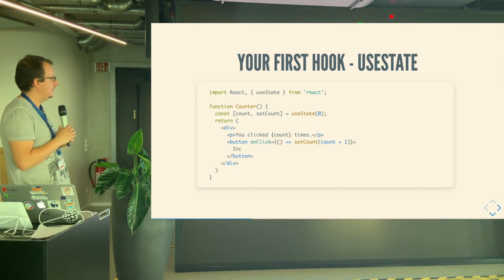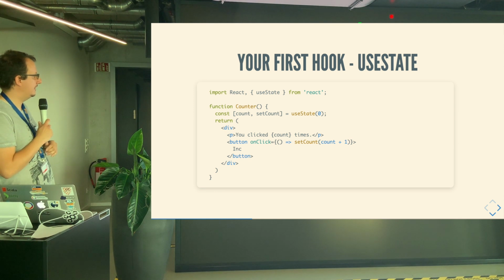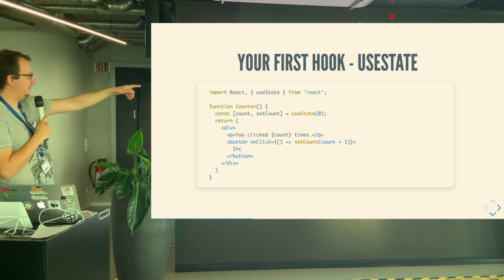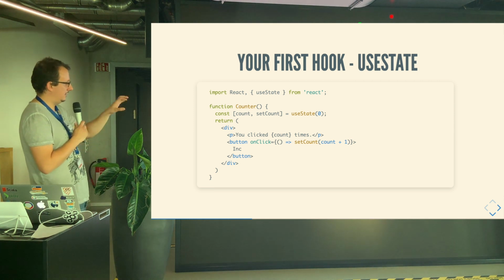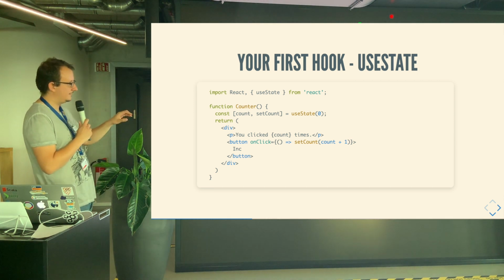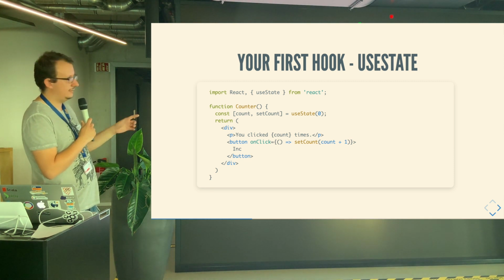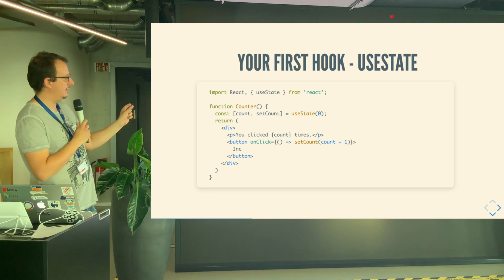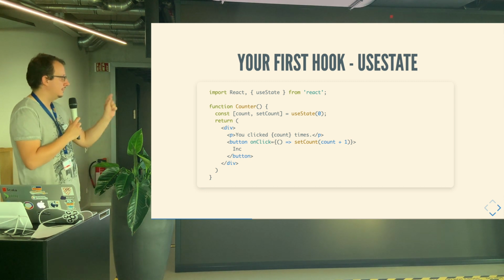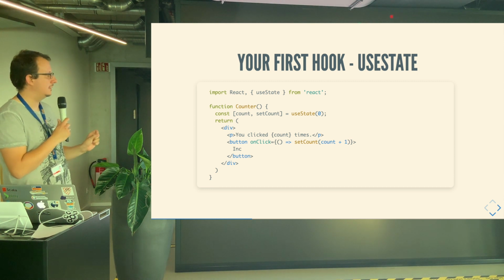This is how it looks with hooks. I've even added a bit more boilerplate here with the import. Basically, here we use the state hook, which takes an initial value, which here is 0, and it gives you back an array of the current value and a setter function.